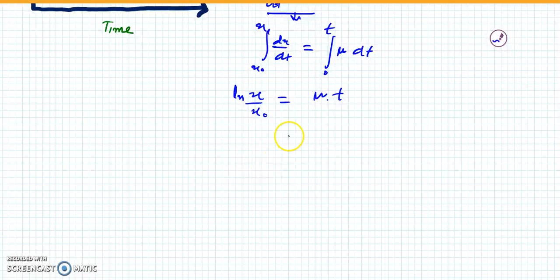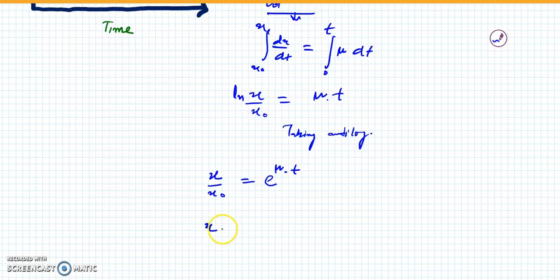Taking antilog, we will get x divided by x naught is equivalent to e raised power mu dot t, or we can write x is equivalent to x naught e raised power mu dot t.